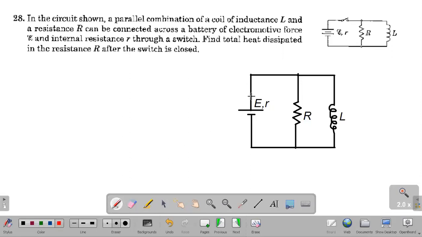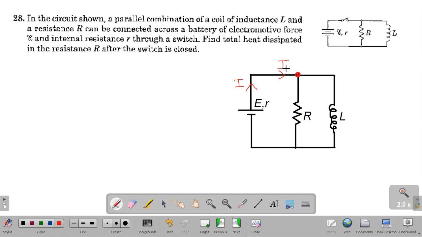Let us assume that the current given out of this battery is capital I, and this capital I current coming out of the battery will be distributed at this junction point.